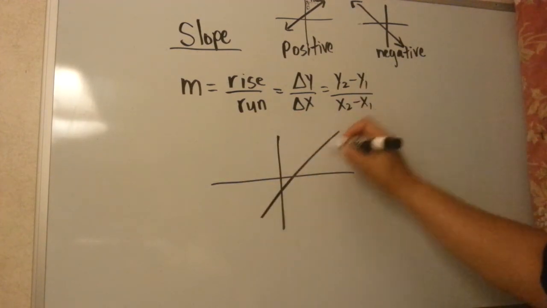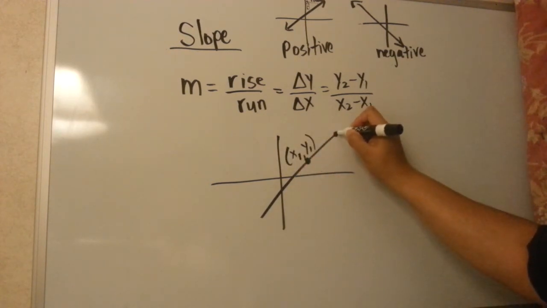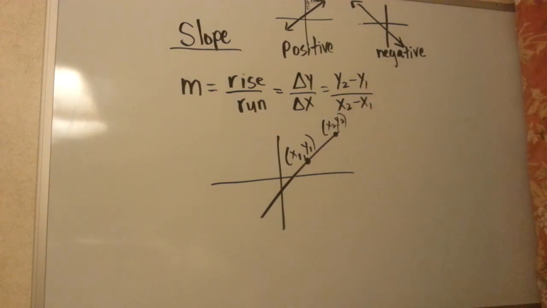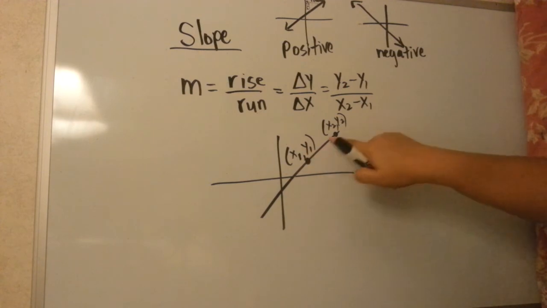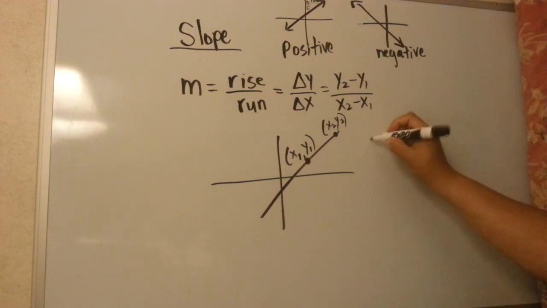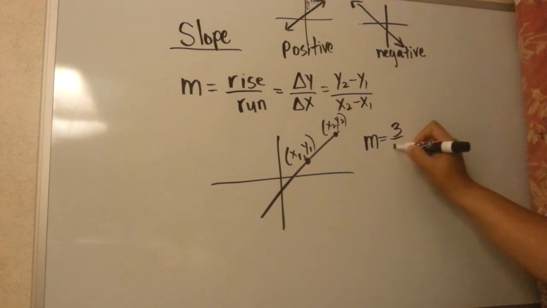So if we have a line, this point can be x1, y1, and this point can be x2, y2. So you would find the slope by doing y2 minus y1 over x2 minus x1. For a positive slope, let's say m is 3 over 4.